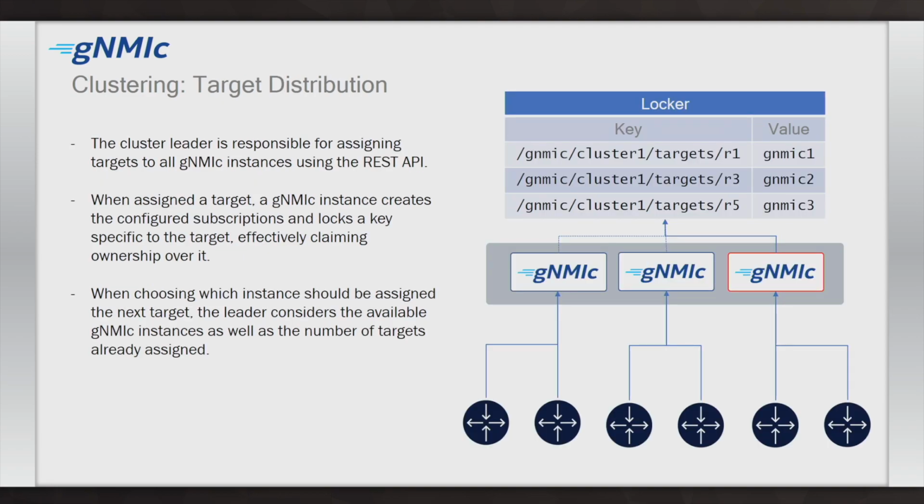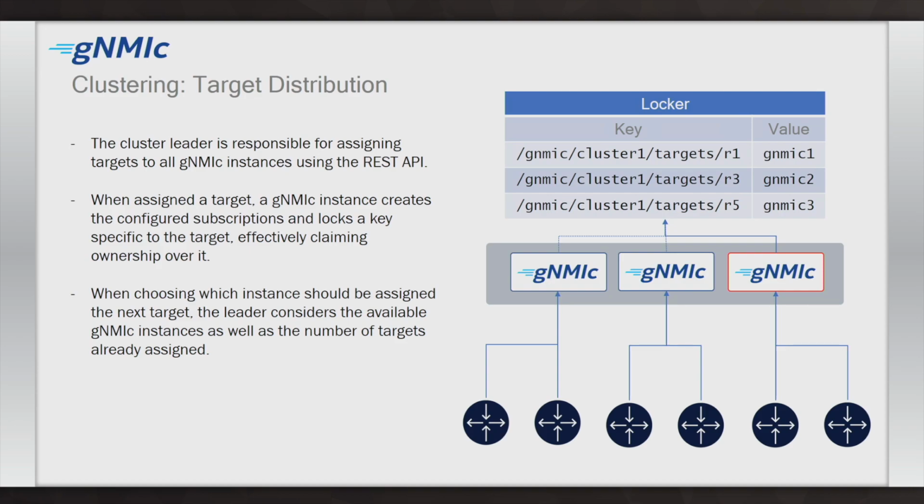Okay. So once the leader is elected, it will read its configuration to find the targets or discover them, in whichever way is configured there. So Docker, HTTP, file, or Consul again. It will go through the list of targets one by one and assign them to the other gNMIC instances running within the same cluster.